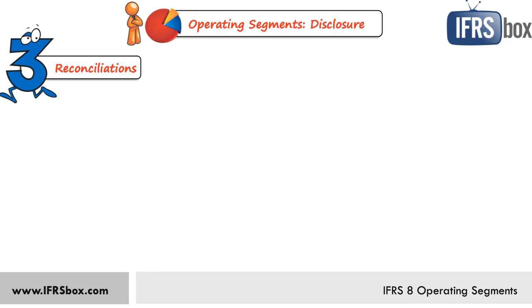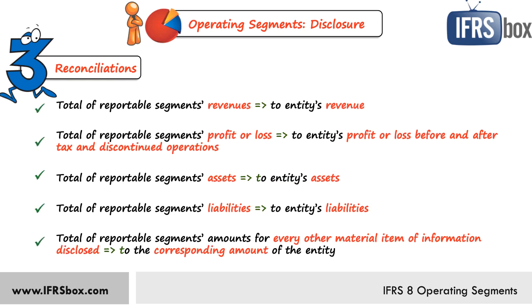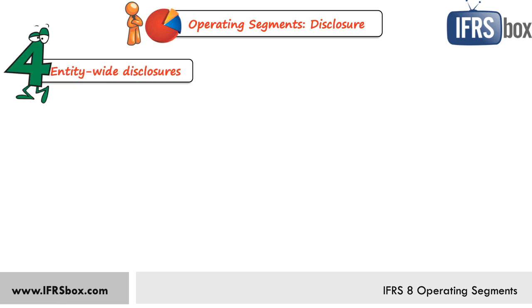Reconciliations are explanations of the relations between individual numbers per segment to total numbers. And as a minimum, you shall reconcile revenues, profit or loss, assets, liabilities, and every other material item of information with corresponding amounts.